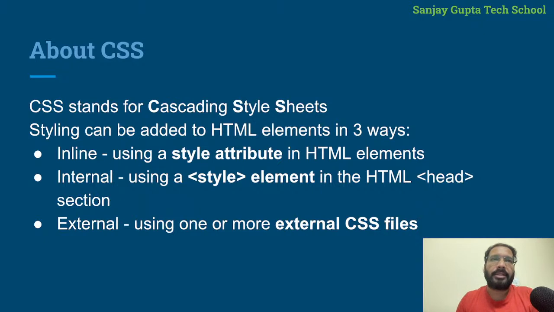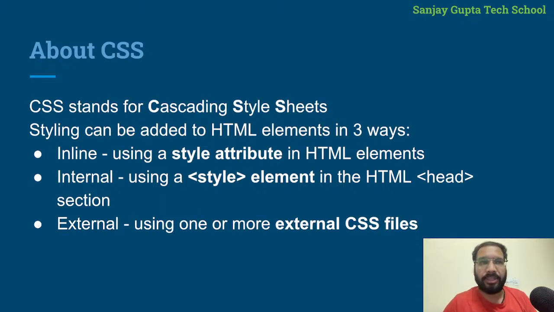That internal CSS you will be writing with the style tag, and you need to write it inside the head section, right? So the second type is internal CSS, and internal CSS is basically page centric. On a particular page, whatever elements you are using, if you want to apply some common CSS, for that purpose we can apply internal CSS.